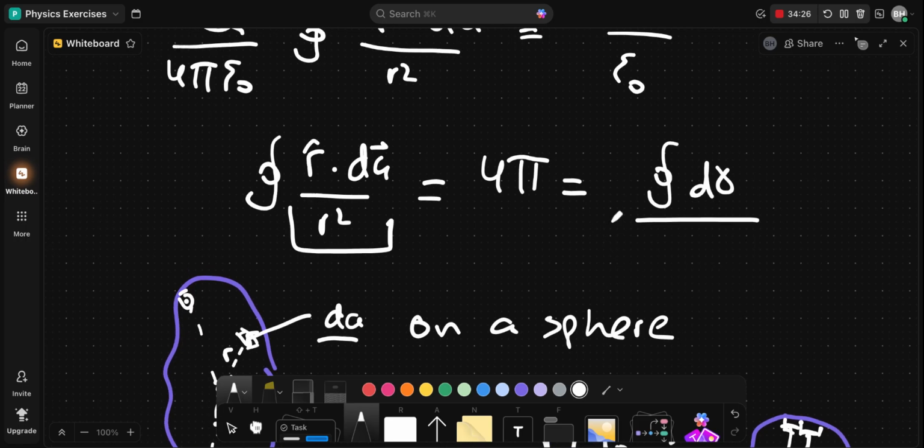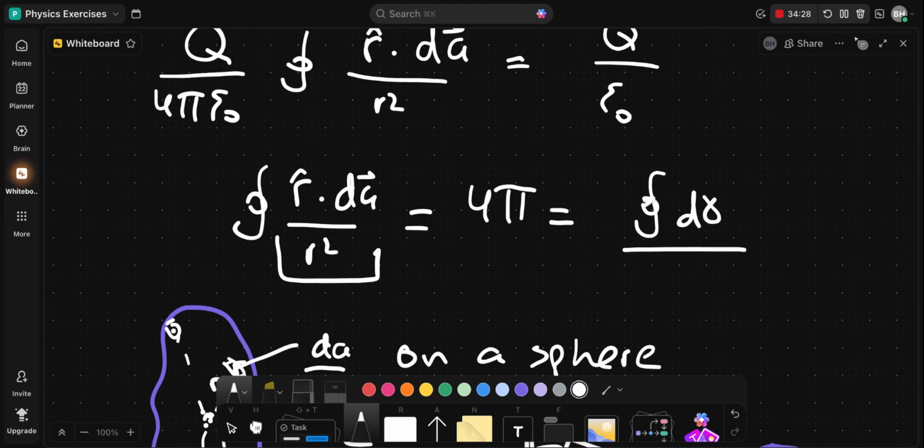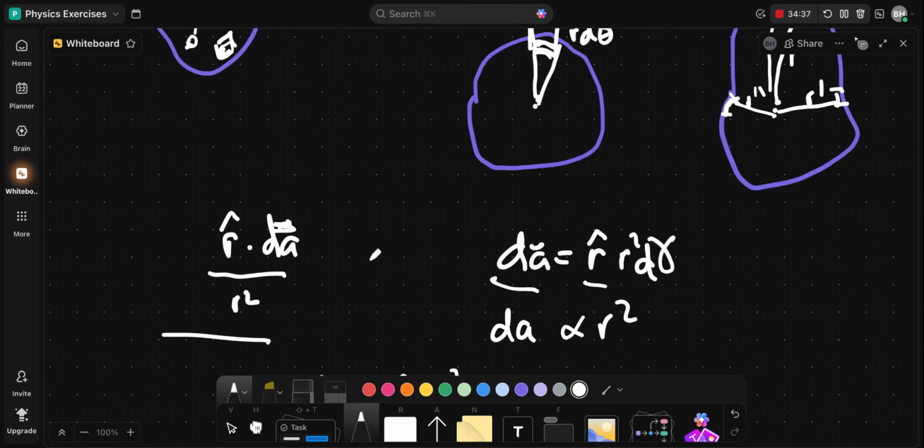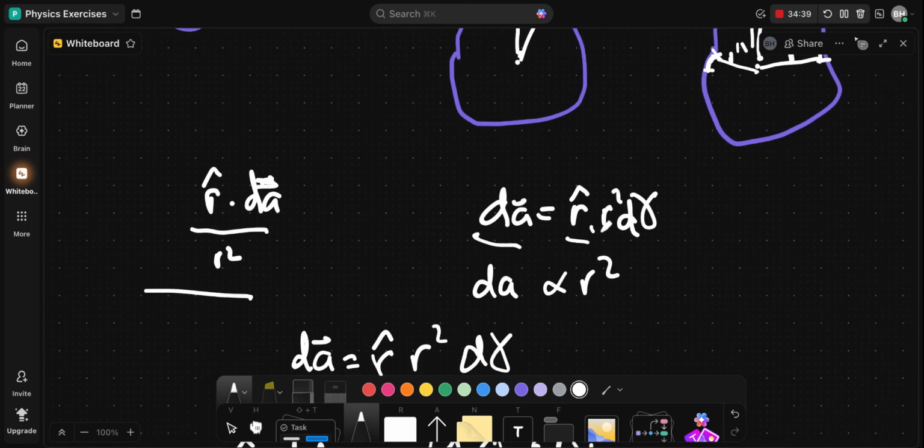On the other hand, I did not use a sphere with unit radius. My main point in this exercise is that this r squared is going to cancel the r squared which scales the area when your radius varies as you go around this arbitrary shape.